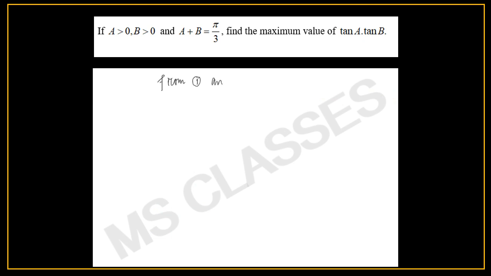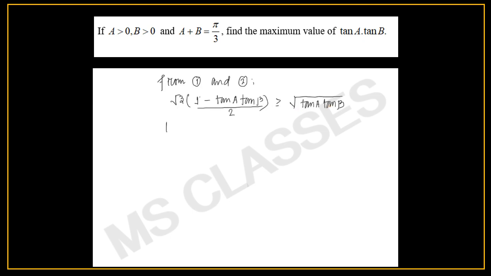So what we do, from 1 and 2 we can write root 3 into (1 minus tan a tan b) by 2 is greater than or equal to under root of tan a tan b.